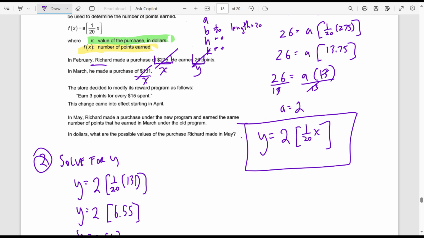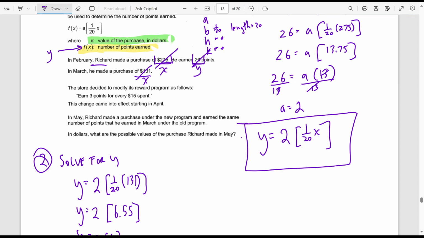Now, in previous videos, we've talked about how B, H, and length all have a relationship with each other. A and K have a relationship with one another. Let's think about the nature of A, and that is basically the step height. They've told me that number of points earned is the Y value.